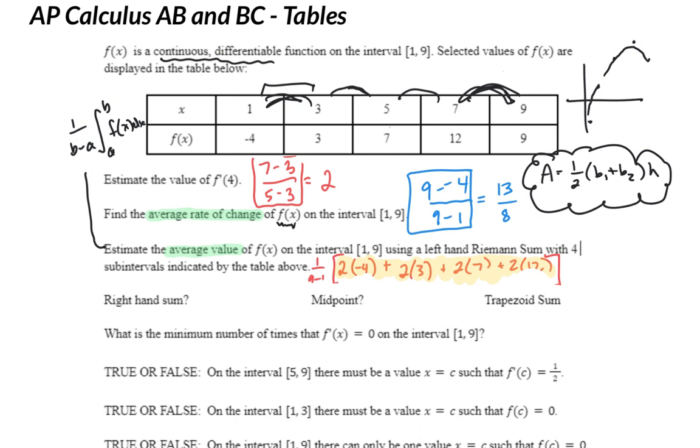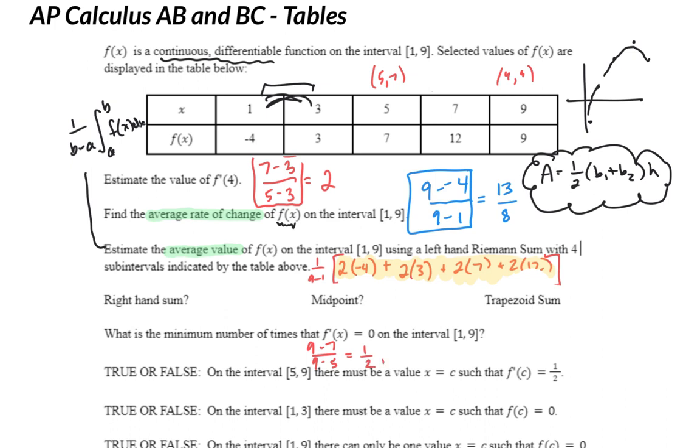So if I were to find the average rate of change between 5 and 9, let's write those down quick. My points are 5, 7, and 9, 9. Well, the average rate of change, difference in y's over difference in x's, is 1/2.